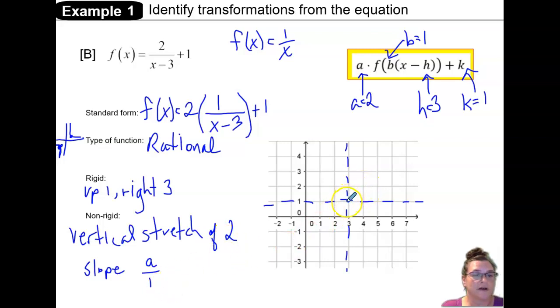So I start here at my intersection. I go up 1, 2, and to the right 1. Or down 1, 2, and to the left 1, because I have to follow that same shape of the hyperbola of the parent graph.